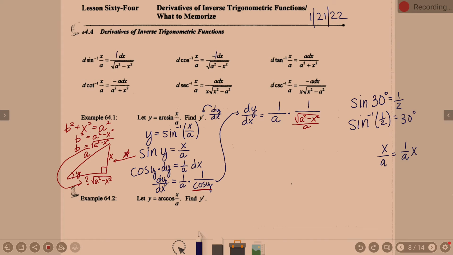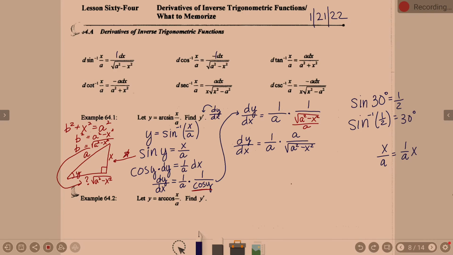Now at this point, it's just a matter of doing some cleanup, would be my thought. So dy dx is 1 over a times, what about 1 divided by this fraction? Yeah, multiply by the reciprocal, and it's 1 times a over the square root of a squared minus x squared, so really this just becomes a over the square root of a squared minus x squared.